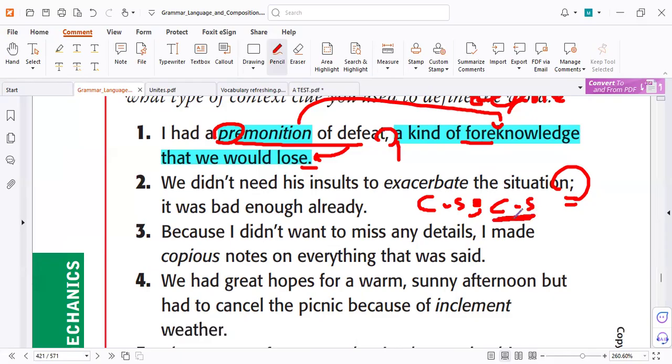The following sentence is additional information about something mentioned before. So imagine that semicolon means because, for this reason, for explanation, for example; explanation, not opposite. So we didn't need to insult with negative words. "Bad enough" is a negative word. So what is the tone of this word? Negative.